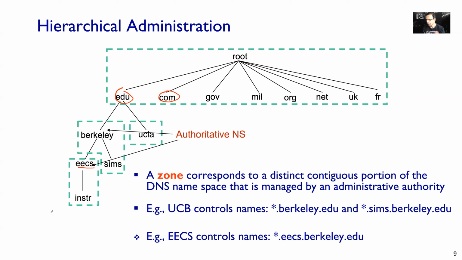What did I say about not having two EECS? Why would another department go to Berkeley and say, hey, I want to create EECS? Obviously Berkeley is not going to allow that, right? Because it already has an EECS subdomain.